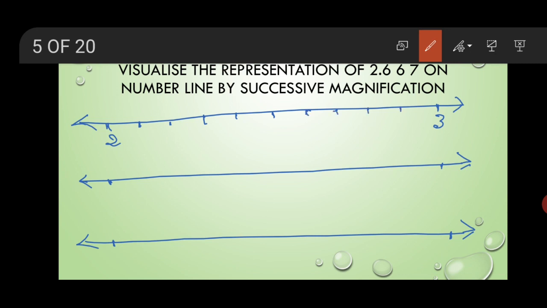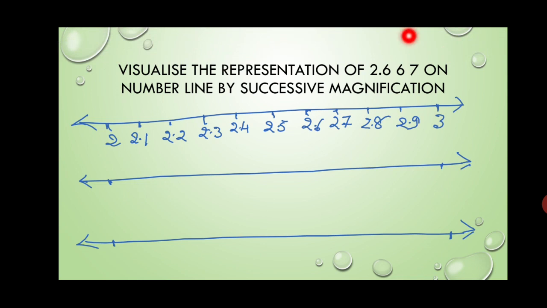Now, the point values are 2.1, 2.2, 2.3, 2.4, 2.5, 2.6, 2.7, 2.8, 2.9. Now, again read the number. 2.6 something.